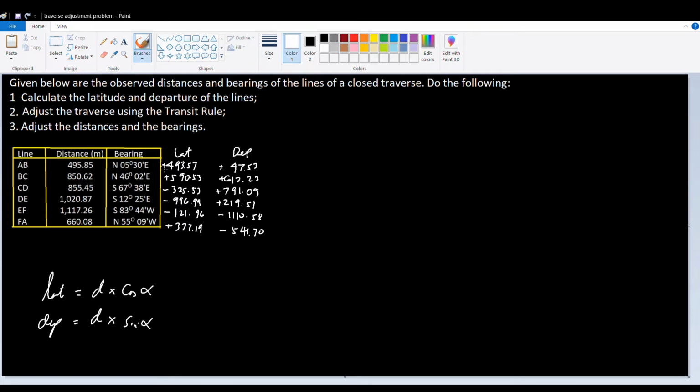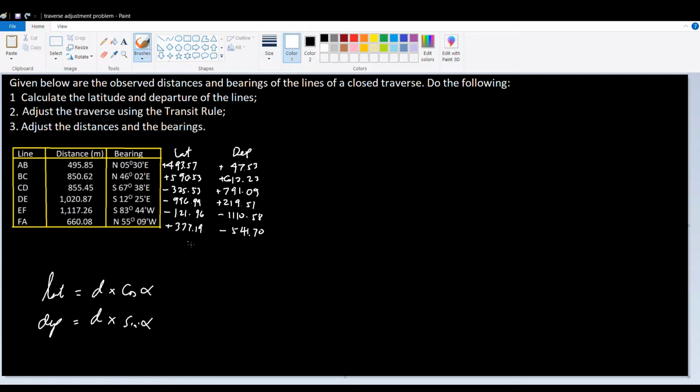Now, each of these has its corresponding sign. Positive latitude if you have a northerly direction, negative for south directions. For the departures, positive for east directions and negative for west directions.